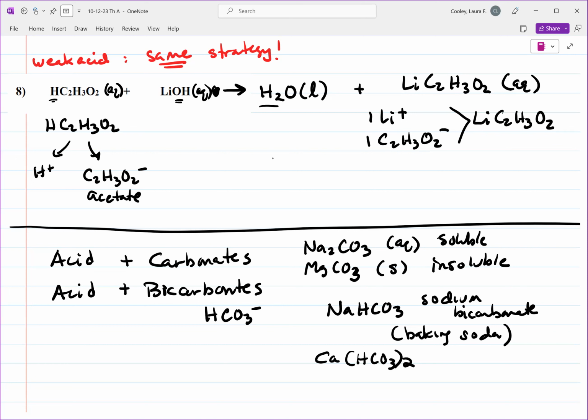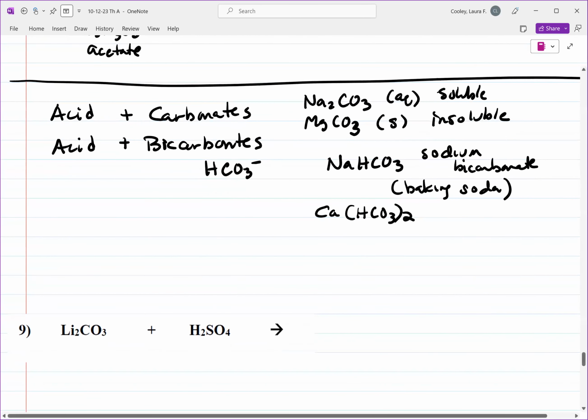So put that in on the solubility chart somewhere. I would put it next to where it says compounds are generally soluble, go down where it says nitrate and C2H3O2 minus and HCO3 minus. HCO3 minus bicarbonate compounds are generally soluble with no exceptions that I think.